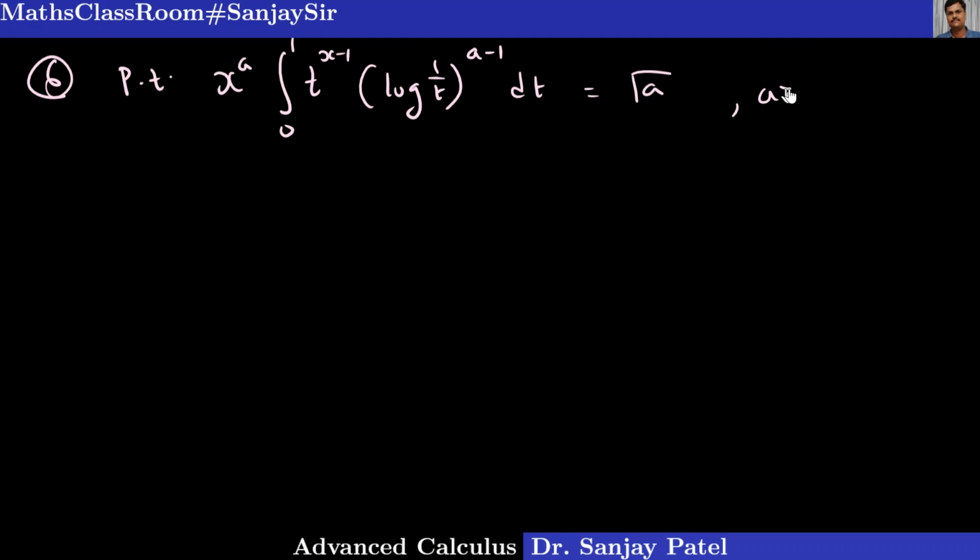Here a is positive, x is also positive, and t is also positive. Okay, let us solve.